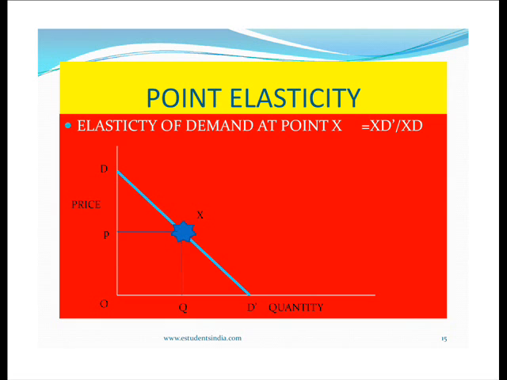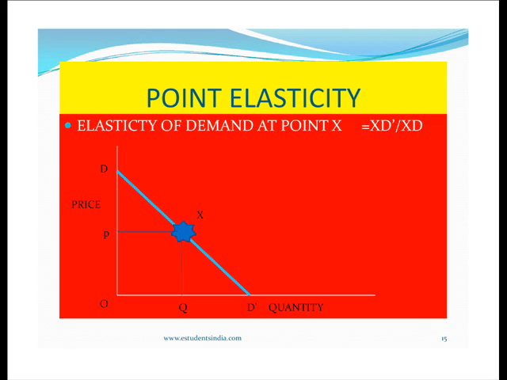The demand for a commodity is elastic when the total expenditure on it increases with a fall in price. The demand for a commodity is inelastic when the total expenditure on it decreases with a fall in price. It only gives us the nature of elasticity, not the exact numerical value of elasticity.